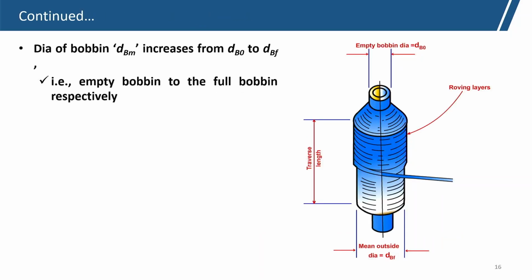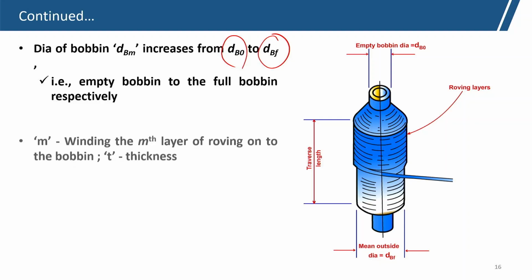Now, the diameter of the bobbin dBm increases from dB0 to dBf, the initial diameter to the final diameter, that is, from the empty bobbin to the full bobbin respectively. dB0 is the empty bobbin, dBf is the final, full bobbin.